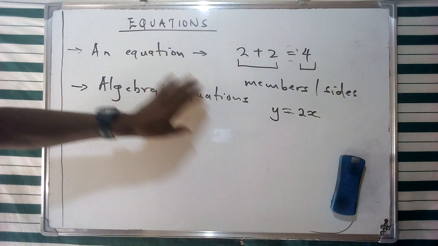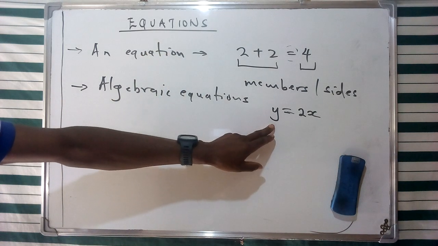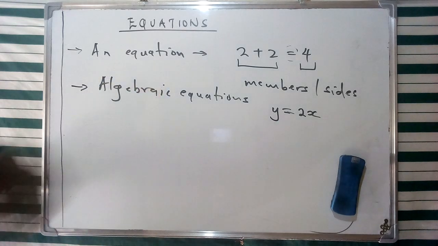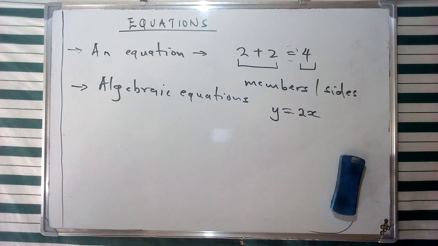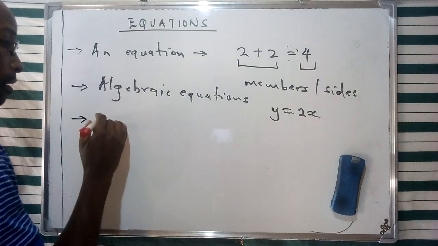This statement implies that the members on the two sides are equal, therefore it qualifies to be an equation. We have already spoken about the concept of unknowns, so I'm not going to go into details on that specific discussion.